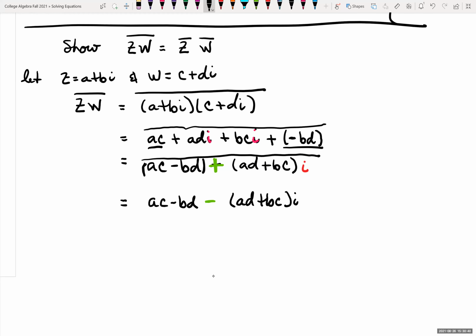So I'm going to distribute negative I to both terms. So we have AC minus BD. Distributing the negative I, I have minus ADI minus BCI.